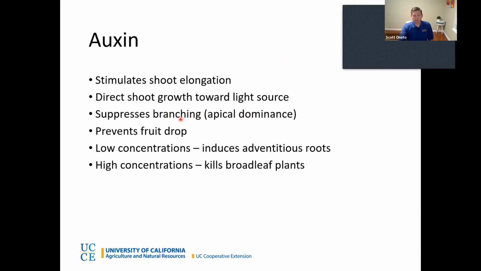It also is involved with preventing fruit drop. And then it is the chemical that is really important for inducing those adventitious roots. So remember, we take a leaf, we stick it in some rooting media and try to get it to root. Auxin is really important in that process. And then the last thing that's kind of interesting is that at high concentrations, it's actually a broadleaf herbicide, so it can actually kill plants.